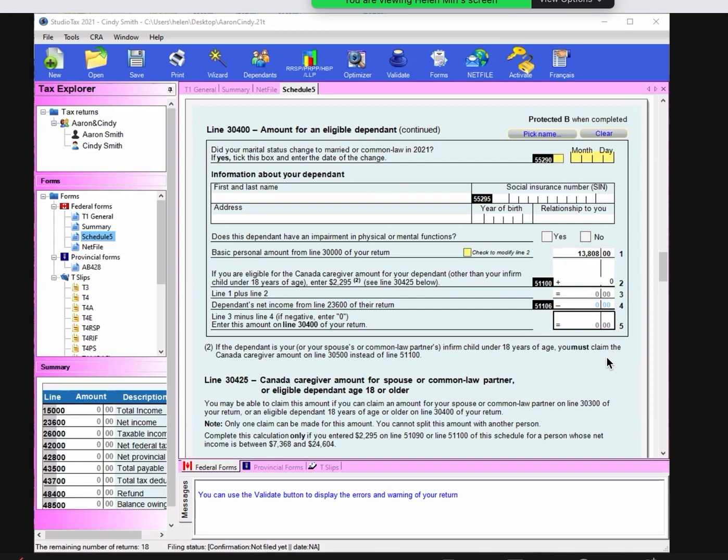If possible, you have to, because the caregiver amount is related to infirm and disabled. If possible, the CRA will ask you to submit that supporting document. You're disabled, right?